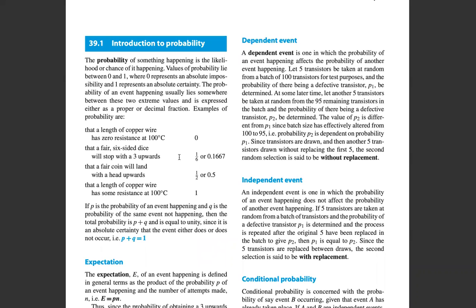Dependent events. Dependent events are events that, well, they depend on each other. The probability of one affects the other one, okay? Some interesting applications of probability deal with events that depend on each other.